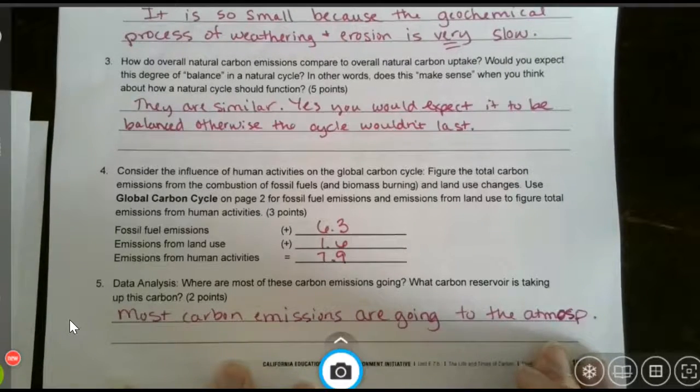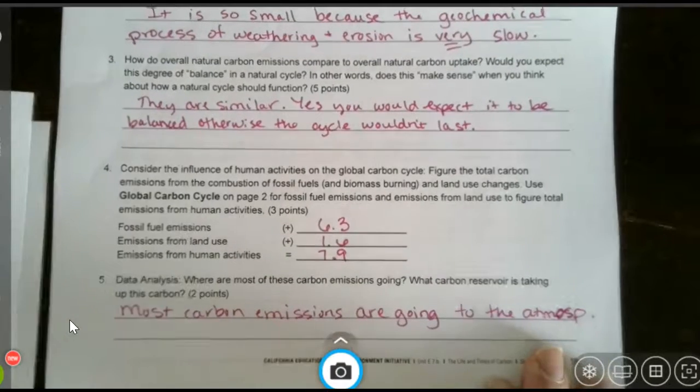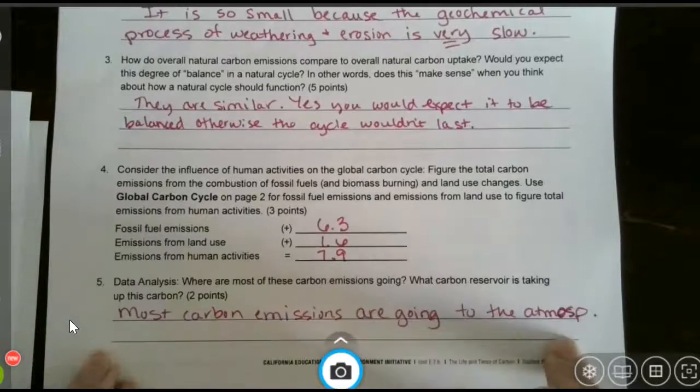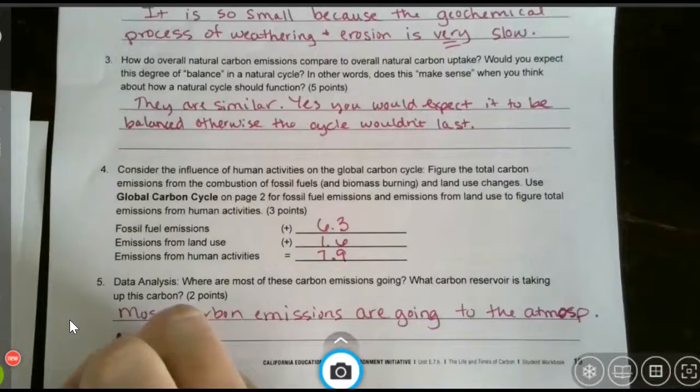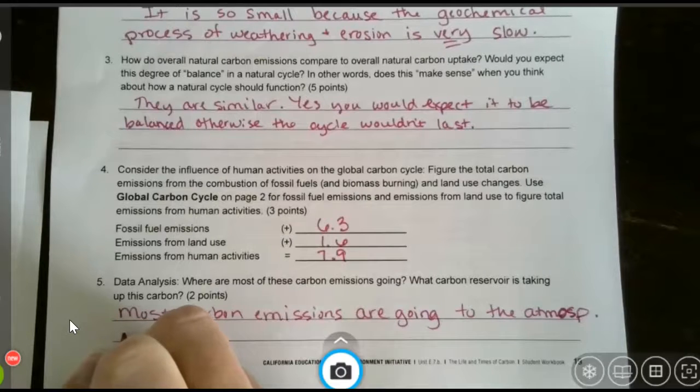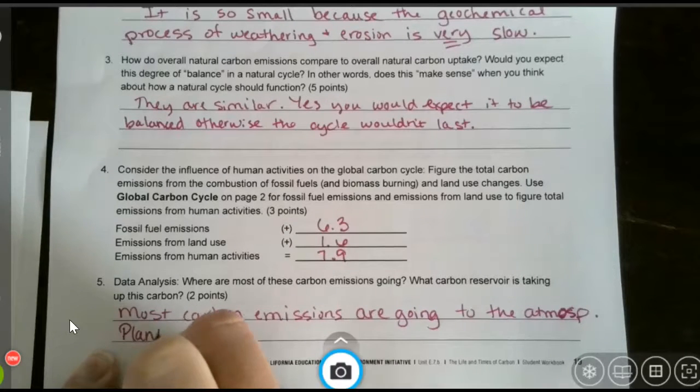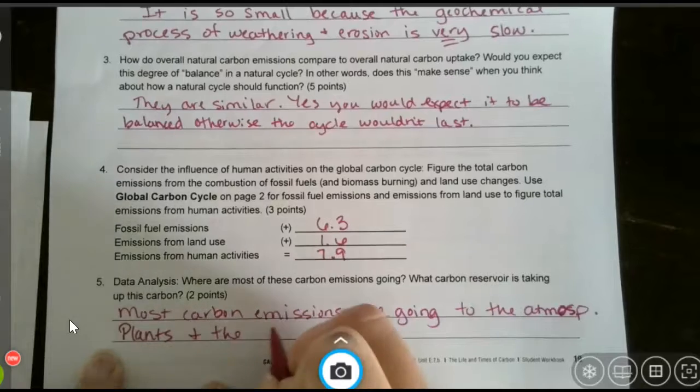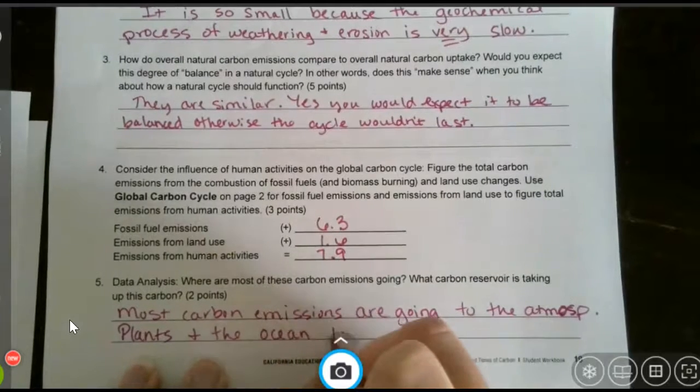Well, from the atmosphere, it's getting removed, so it's getting taken up by plants. Plants and the ocean take up most of the carbon.